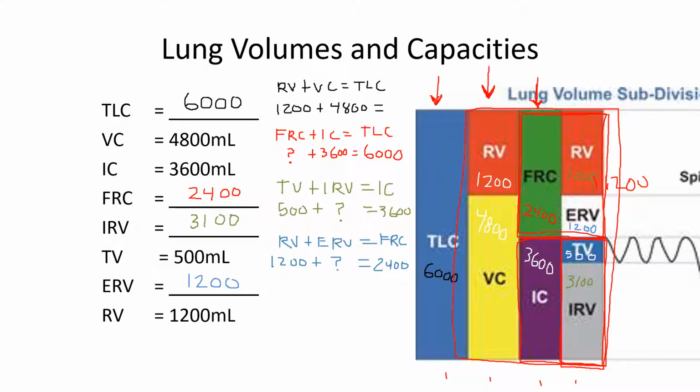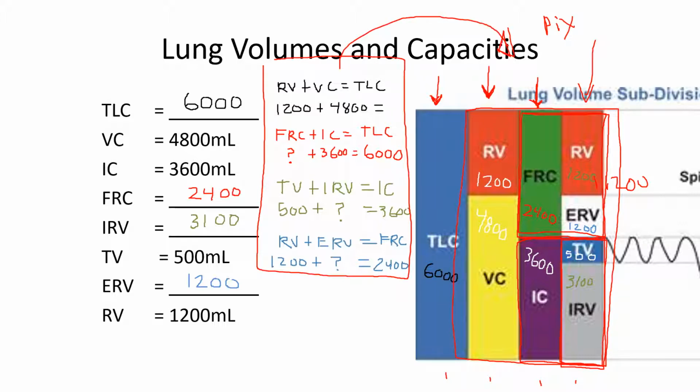Yeah, I have it pictorially here for you. So this is the picture, and then I have all the equations here for you based on the pictures. So the equations are straight from the pictures. TLC is 6,000. Then RV plus VC equals 6,000.